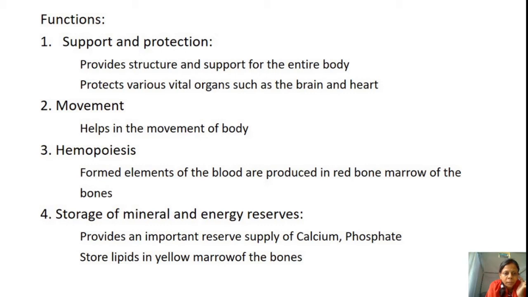Formed elements of blood means the various types of cells that are present in the blood, such as red blood cells, white blood cells, and platelets. These cells are produced in the red bone marrow of the bone, and the process is called hemopoiesis. So, it is one of the main organs of hemopoiesis.